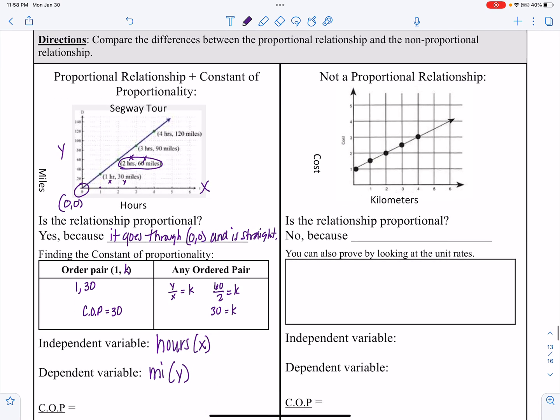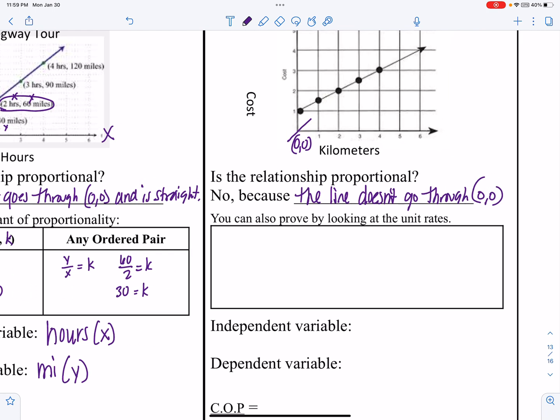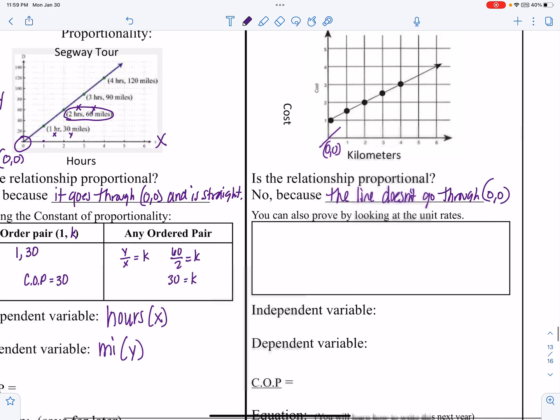All right, let's go ahead to a non-proportional relationship. I just know it's not because it's not going through this 0, 0 origin. So instantly no, because the line doesn't go through 0, 0. So it just doesn't have a proportional relationship. But we can go ahead and we can prove it. Let's go ahead and look at our x and always label these.